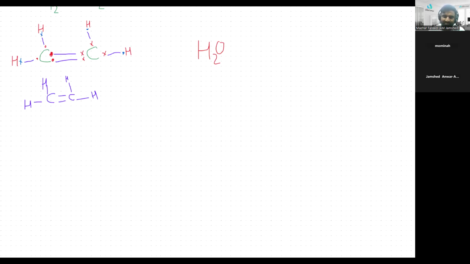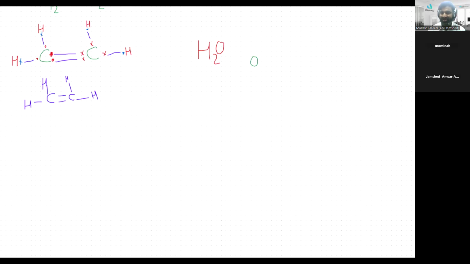You must draw their structure. Then you can decide the number of bonds, and which type of covalent bond is present in water. So you see there is one oxygen. The number of valence electrons present on oxygen is 6.